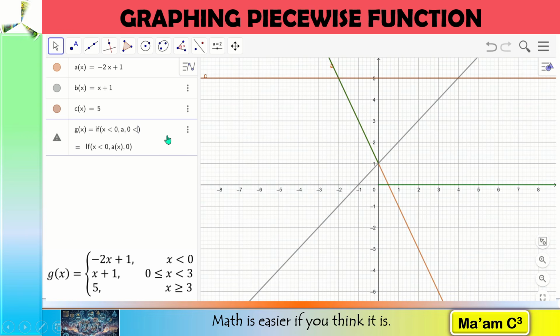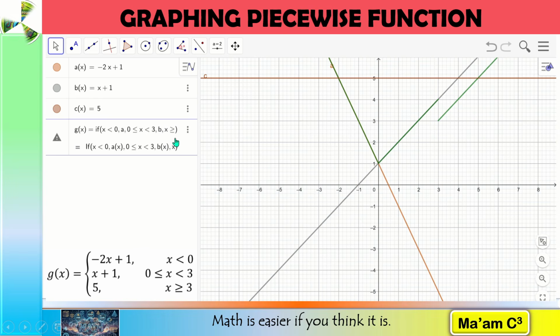0, less than, followed by equal. It will transform to less than or equal. X, less than symbol again, and then 3, comma. And we use this condition for function b. So I'll type in b, comma again. Next condition, x is greater than, followed by equal.